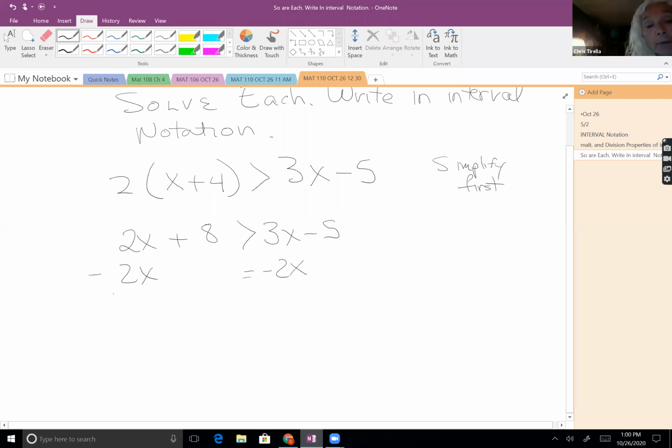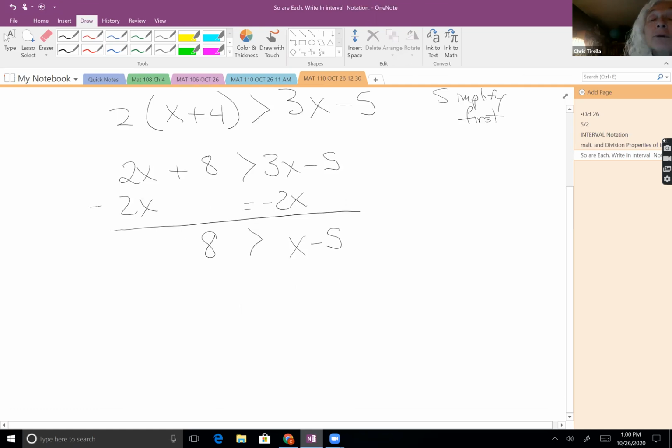I'm going to put that equal sign in between because those are equal. Here I'll get 8. Here I'll get x minus 5. And again, when I add or subtract, the inequality stays the same. Now what would you do? Anybody want to add 5 to both sides? Giving me 13 is greater than x.